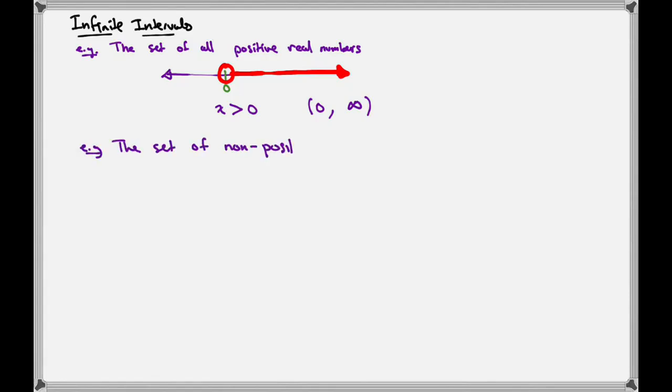If I want to look at the set of all non-positive numbers, just think carefully about that wording there. I'm saying all numbers which are not positive. 0 is not a positive number, so I would include 0, and I would include all the negative numbers to the left of 0 as well. And I've indicated that by putting a dot here as opposed to the hole that I had above. I could write that as an inequality by saying the set of all x which is less than or equal to 0.